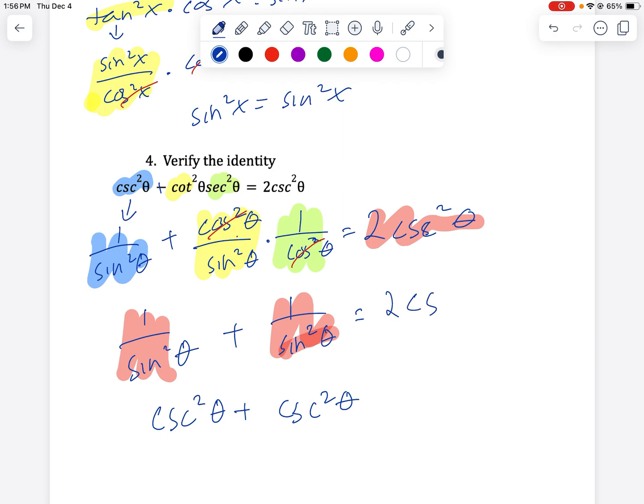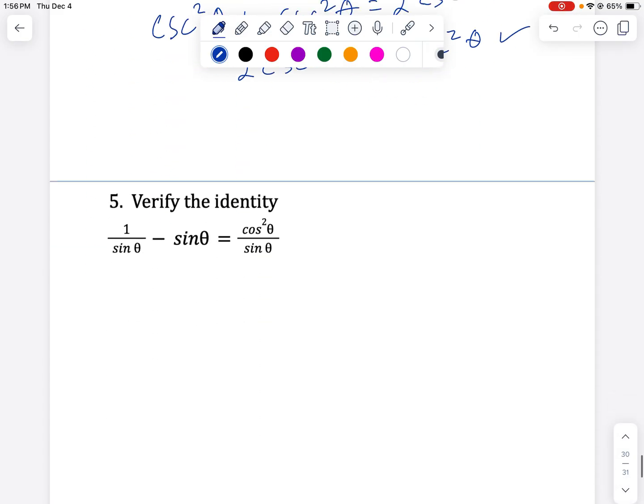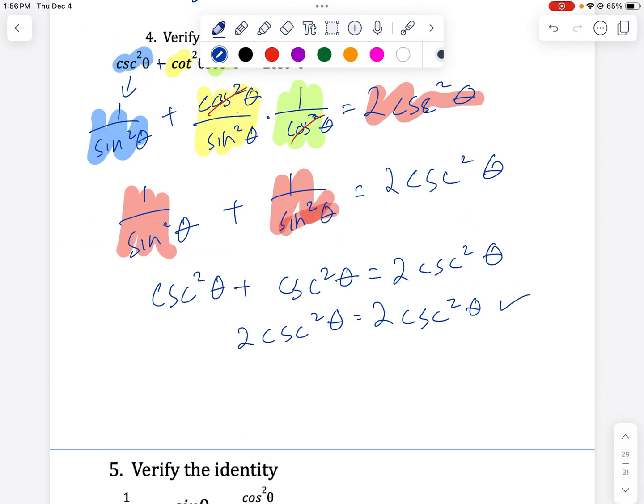So I want to try to make my sine squareds look like the right-hand side. You want to use your reciprocal functions. And there we go. We're all set. Remember, cosecant squared plus cosecant squared is the same thing as x squared plus x squared. That's 2x squared. Okay, it's not 2x to the 4th.